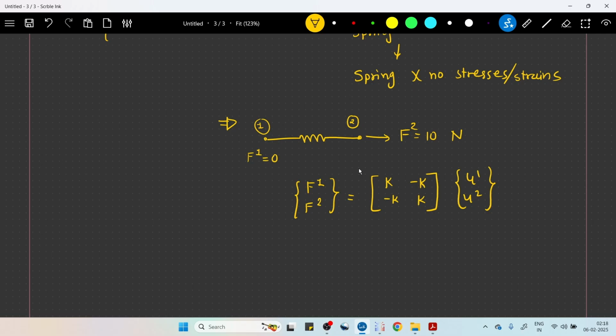If I put these loads and boundary conditions in this equation, what do I get? 0 and 10 equals K U1 minus K U2, and minus K U1 plus K U2.